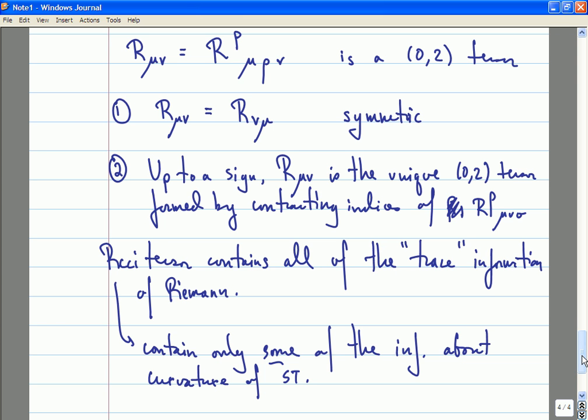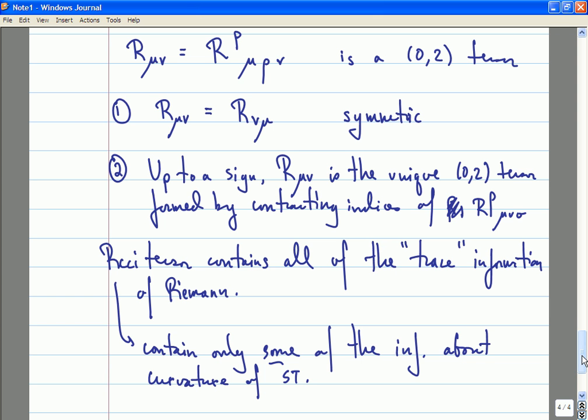The Riemann tensor is anti-symmetric in its first two indices, which means when the first two indices are equal, the Riemann tensor is 0. So the trace of the Riemann tensor in its first two indices is 0. So I should have said that if you trace any two indices of the Riemann tensor, you get R mu nu, minus R mu nu, or 0. That would have been a more full statement. Yes, good question.